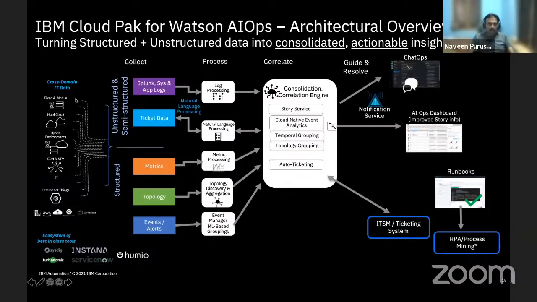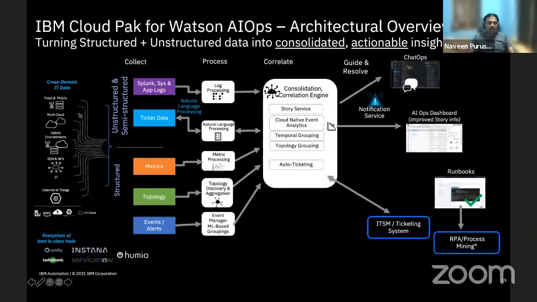And if you start from the left-hand side, what you see is that vertical that I explained earlier, the typical vertical view of an IT solution. But it is highly abstracted here. So you can see there are network functions, the complexity of hybrid environments, and there could be edge components like sensors, mobile devices.